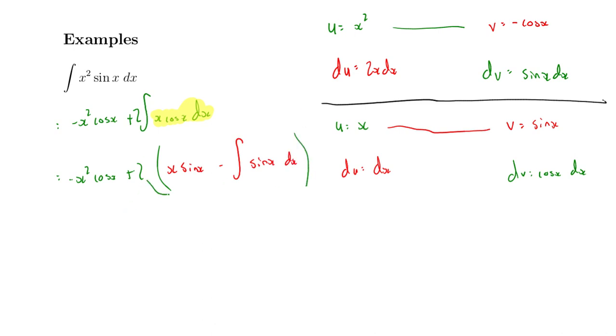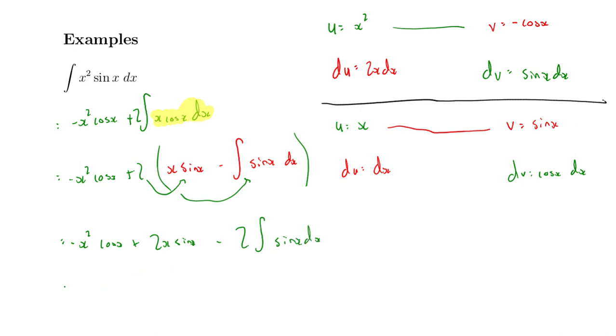We've got some distributive property to do. I'll do it first. You don't have to. You could figure out this integral first if you wanted and then multiply, but let's just write this out. Negative x squared cosine x plus 2x sine x minus 2 times our integral sine x dx.